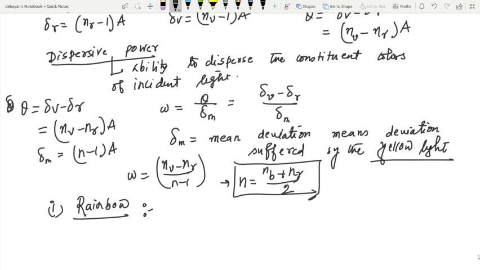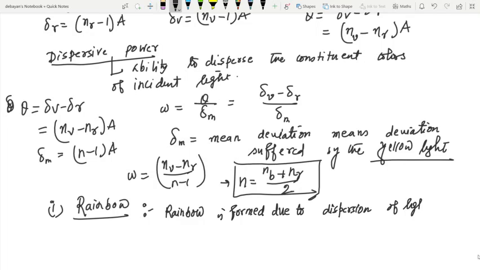There is a concept in every book, you just read it from there, that the rainbow is formed due to dispersion of light that suffers refraction and reflection in the drops present in the atmosphere.